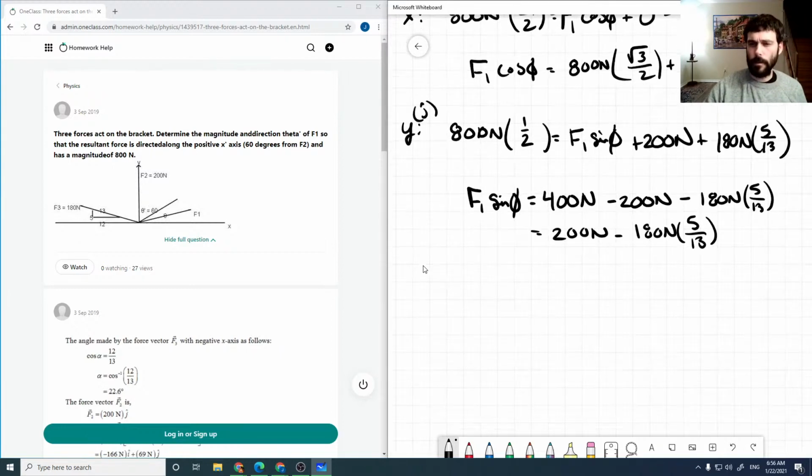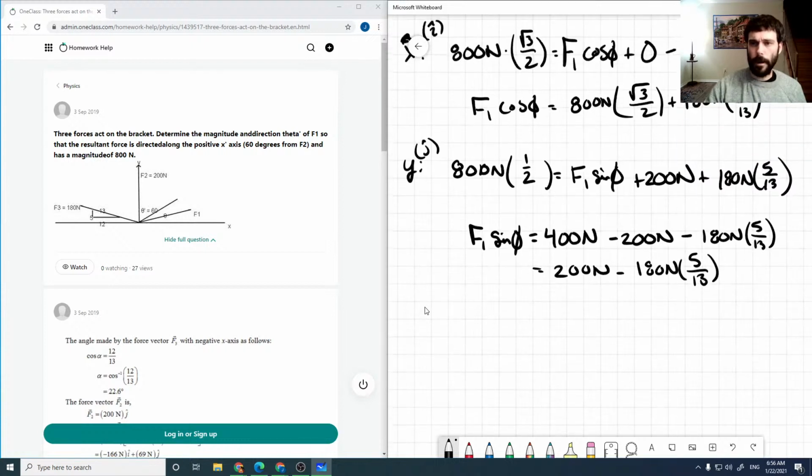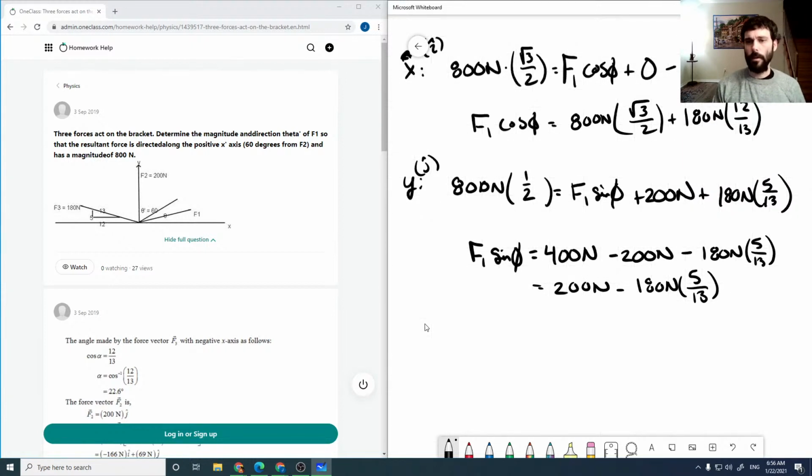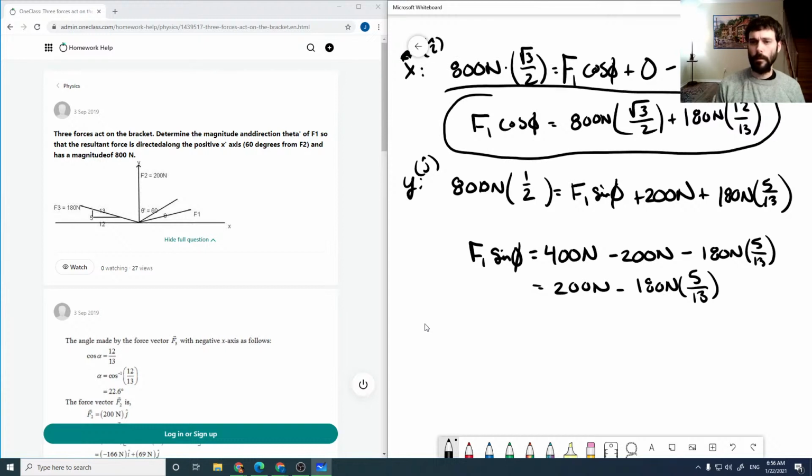Okay. So now I have two equations and two unknowns. So there's my first equation, and here's my second equation.